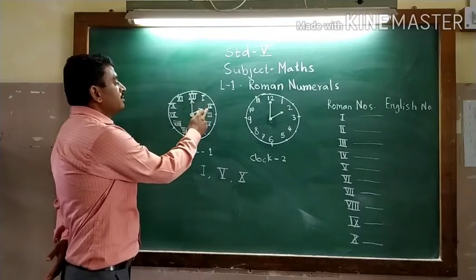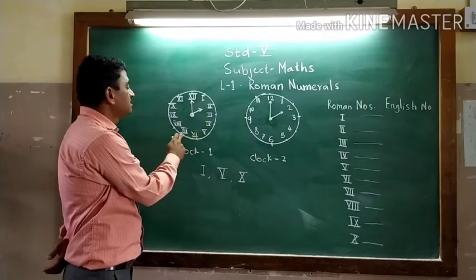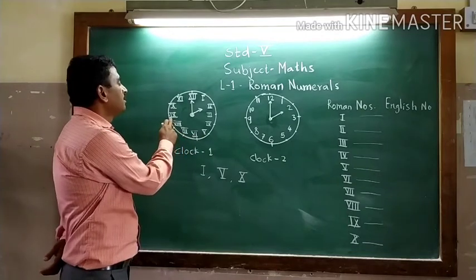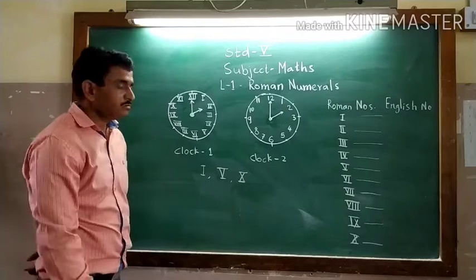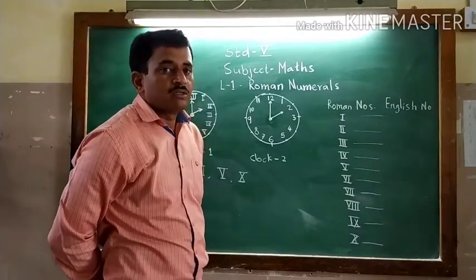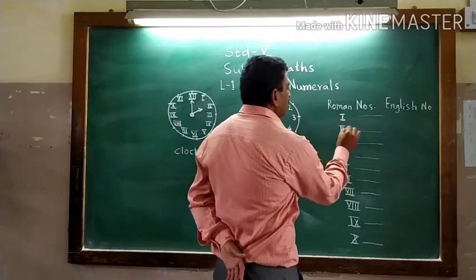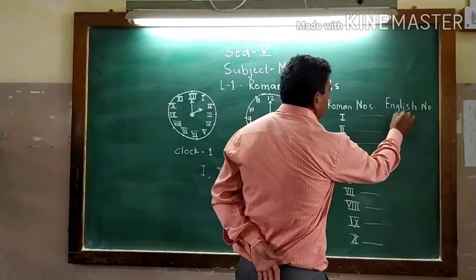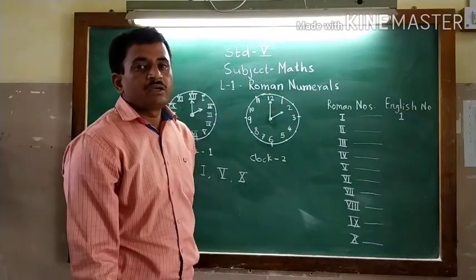Roman number 1, 2, 3, 4, 5, 6, 7, 8, 9, 10, 11, 12. See, for 1, capital I is used. 1 is represented by capital I.